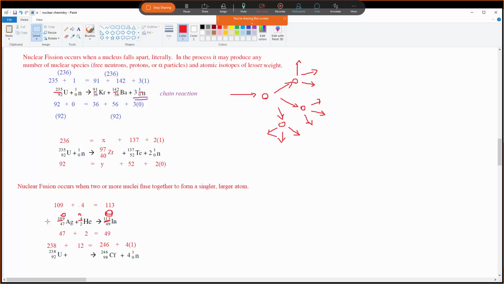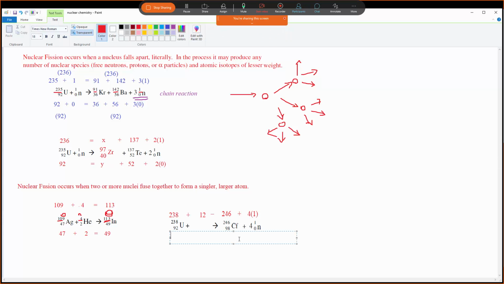Hang on, bring this over here. See it more clearly. Okay. And then on the bottom here, 92 plus what is going to give me 98 plus 4 times 0?